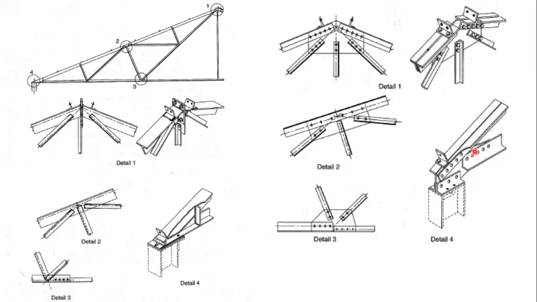What I need to make sure is that the thickness of the gusset plate is sufficient so that it will not rupture while transferring this force of 100 kilonewtons. That is how you are going to decide the thickness of the gusset plate. That is the criterion on which the thickness of the gusset plate will be determined. Shape, it may be any shape. So that is one.